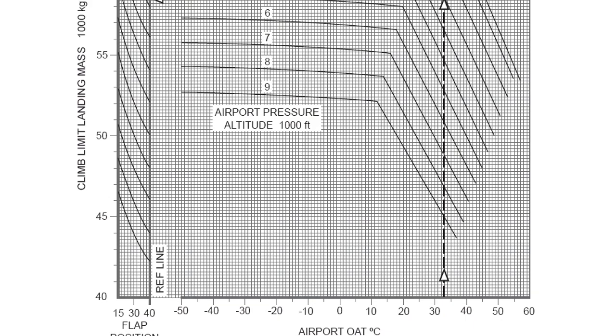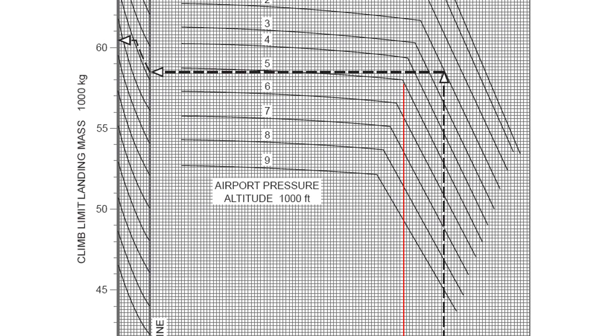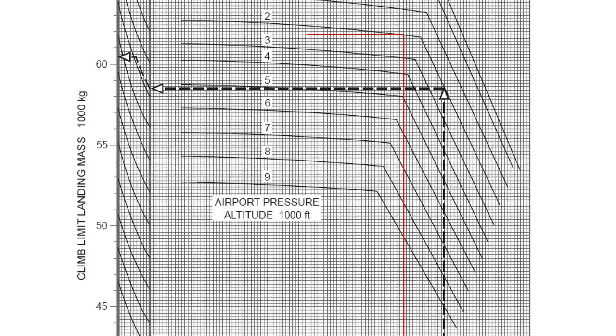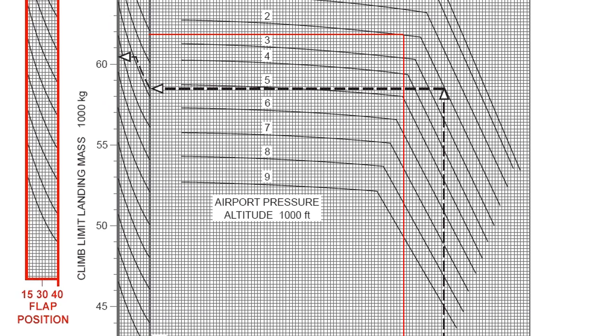Shown on page 47 of section 4 in CAP 698 is an example of a graph to calculate the landing climb limit mass. Working through an example, we can assume a temperature of 20 degrees Celsius at a destination airfield pressure altitude of 2,000 feet. The flap setting section here determines how far up the sloping guideline we go.